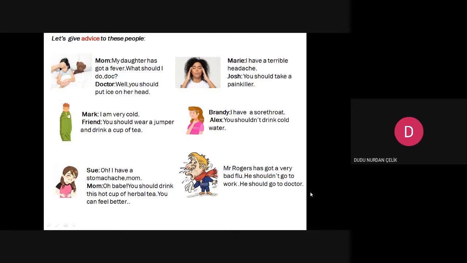On this page, people are ill and they need some advice. Let's give them advice. In the first picture, the girl has got a fever. Look, a thermometer. She's hot. She has got a fever.